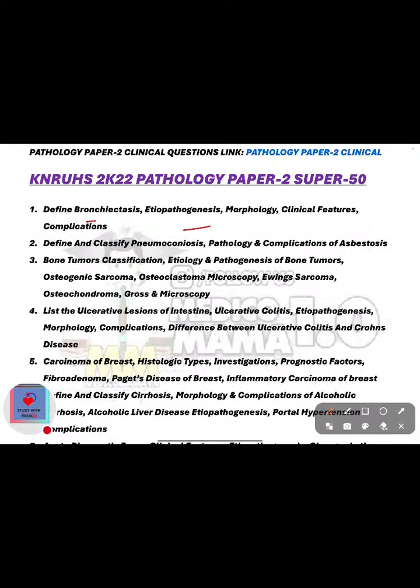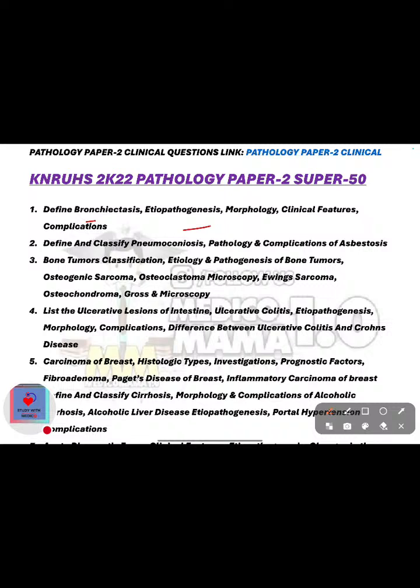It can also occur if there is a tumor or mass in the airways causing infection, and necrotizing infections like TB and Staph aureus. Morphology: in bronchiectasis you will see tram track or honeycomb appearance. Basal involvement is there. Clinical features: a cup full of sputum.